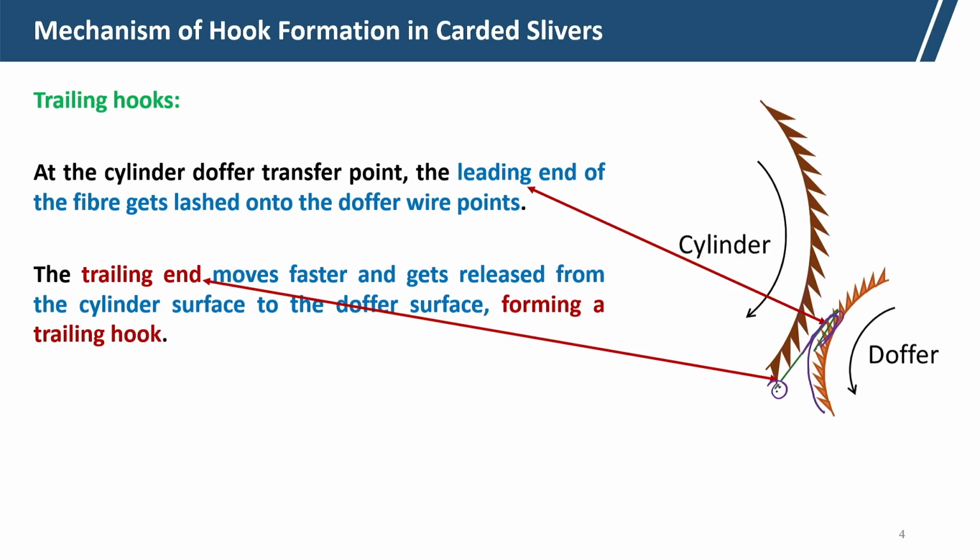It is released by the cylinder wire point and comes onto the surface of the doffer, and ultimately the formation will be in this form. Then when it goes out, it will come out as a trailing hook.